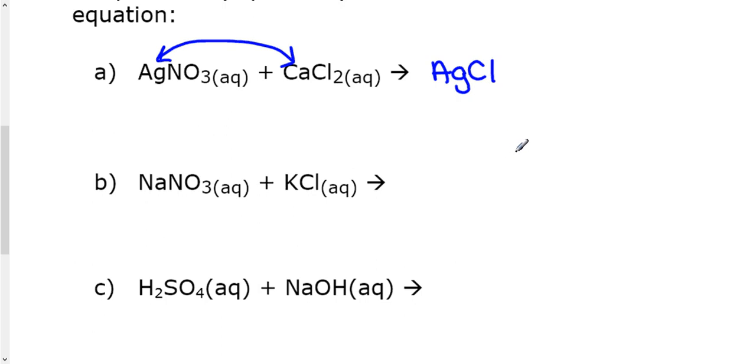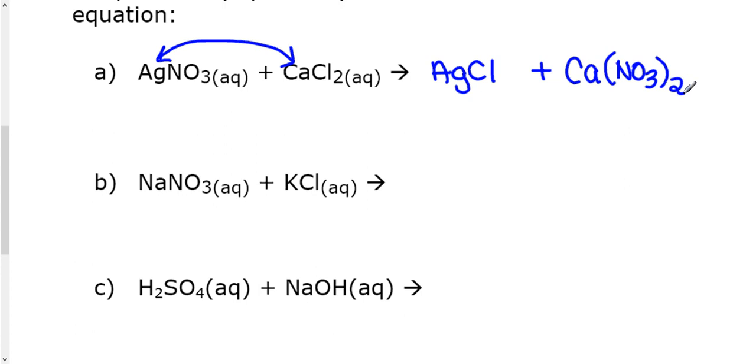Both of these have a charge of 1 and 1. So when you do the crisscross, you get 1 and 1. And our other product here is going to be calcium with nitrate. But calcium, remember, has a charge of 2 and nitrate has a charge of 1.